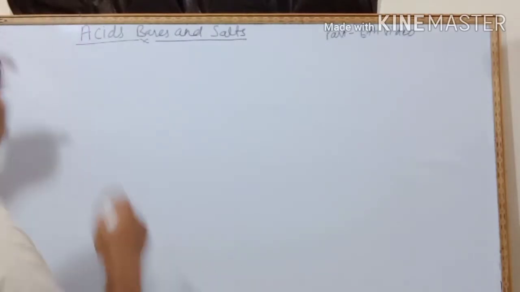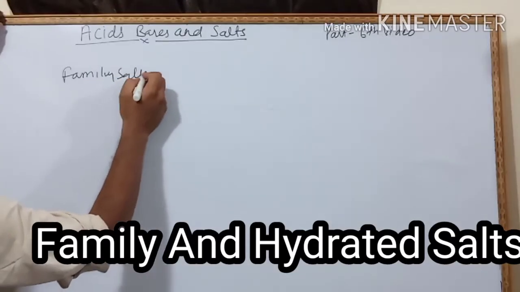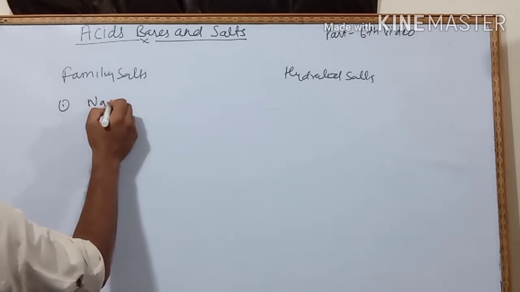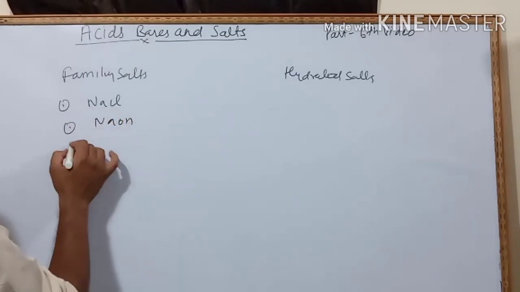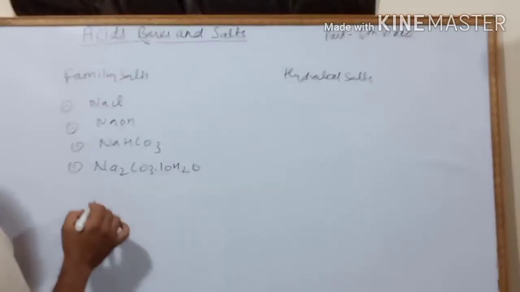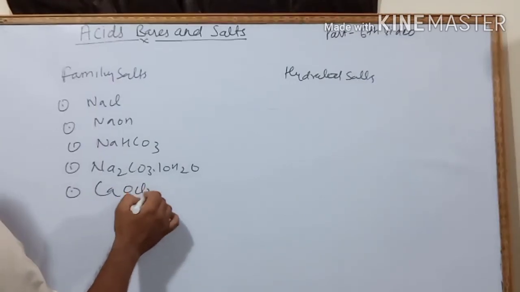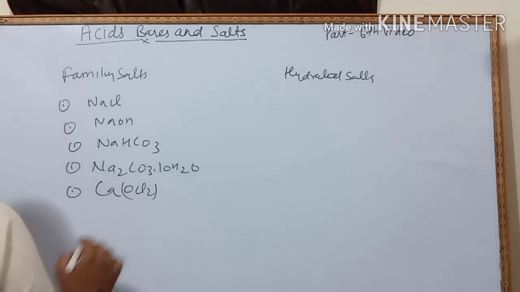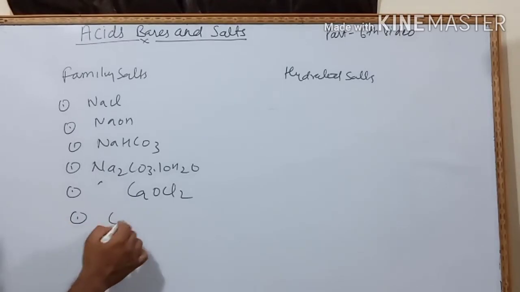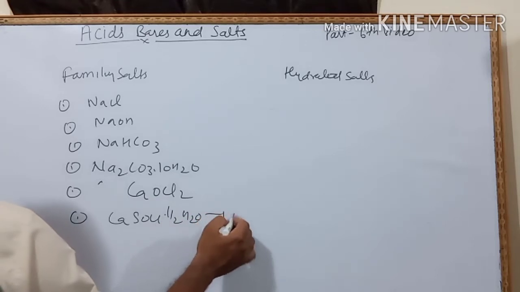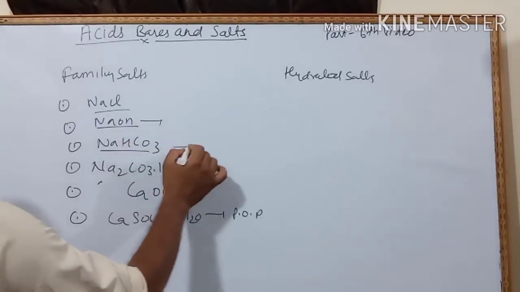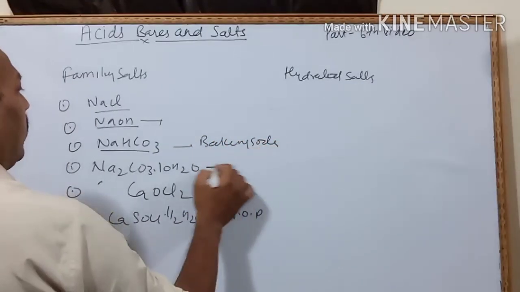The family of salt is very important: NaCl, NaOH, sodium bicarbonate, Na2CO3·10H2O, washing soda, bleaching powder CaOCl2, and CaSO4·½H2O, which is known as POP. Sodium chloride, sodium hydroxide which is caustic soda, and baking soda, washing soda, and bleaching powder.